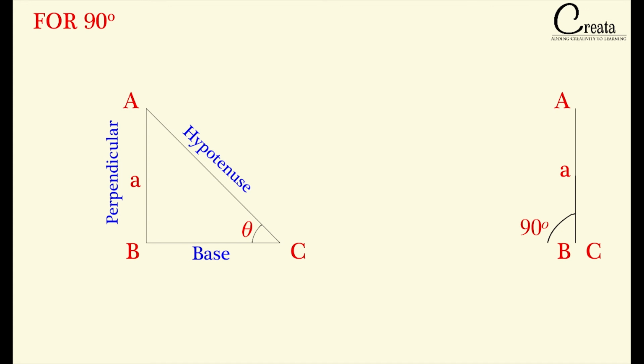Here base BC has been reduced to 0. Line AB and line AC has been matched, means AB is equal to AC, which is further equal to A. Okay. So we got our three trigonometric sides, that is base as 0, perpendicular as A, hypotenuse as A. Now let's see the three trigonometric ratios.